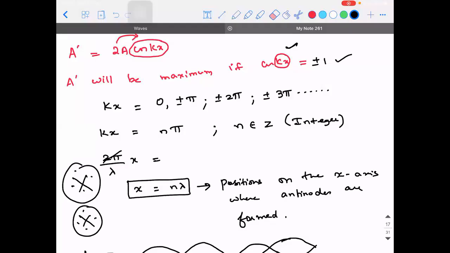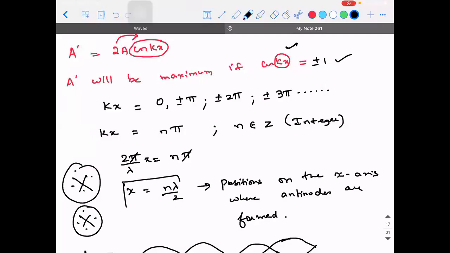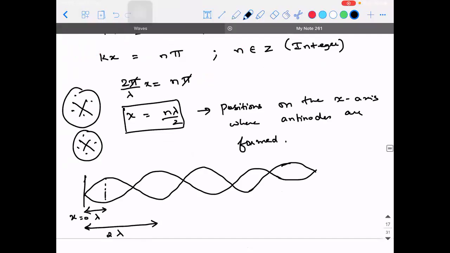So the small correction that I need to make here is kx is equal to n pi, 2 pi by lambda into x. So pi and pi will get cancelled. x will be how much? x is equal to n times lambda by 2. So lambda by 2, lambda, that is how it keeps going.